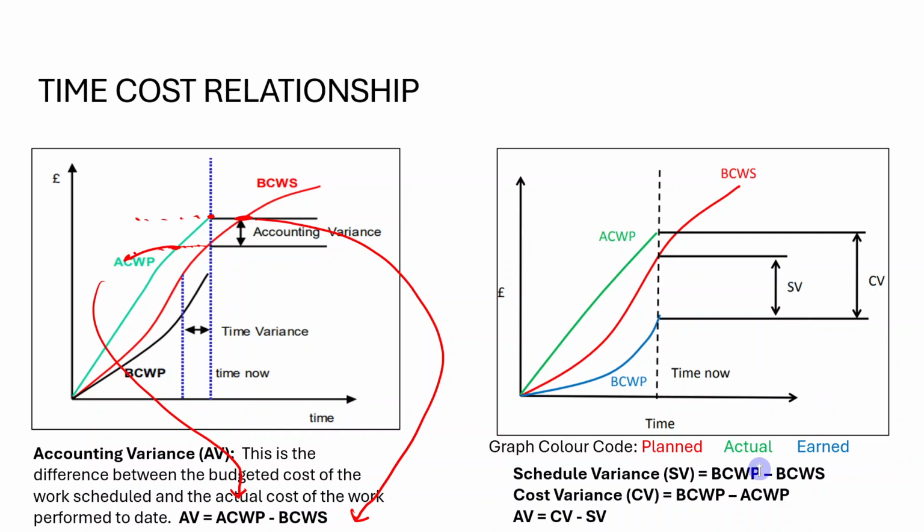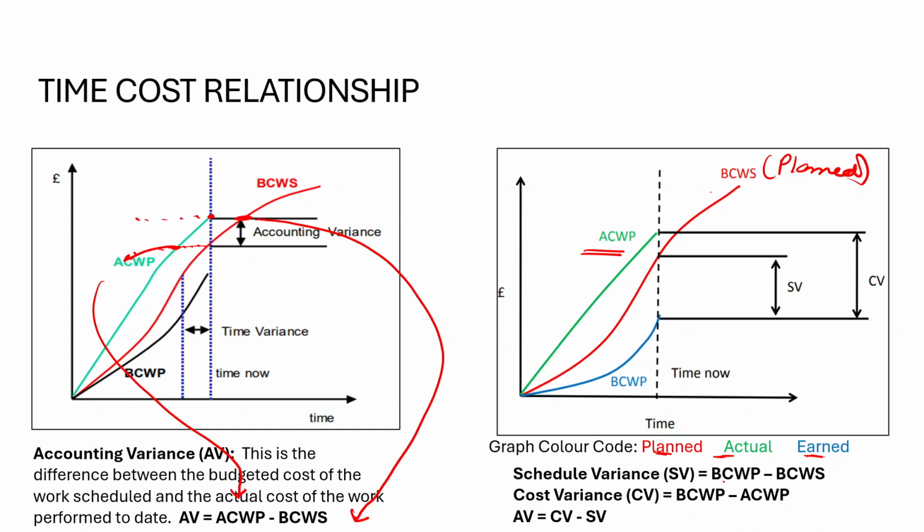If you see here, it is again three colors. BCWS red is budgeted cost of work schedule, planned. Then you have ACWP, actual cost of work performed, and then you have BCWP, budgeted cost of work performed. Planned, actual, and earned.